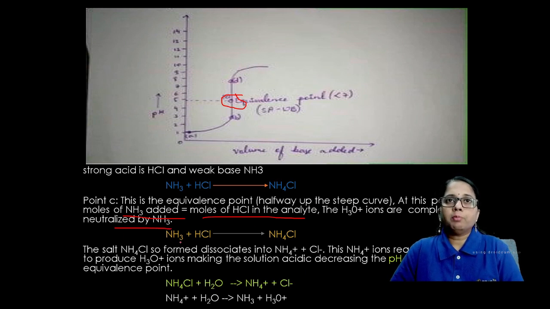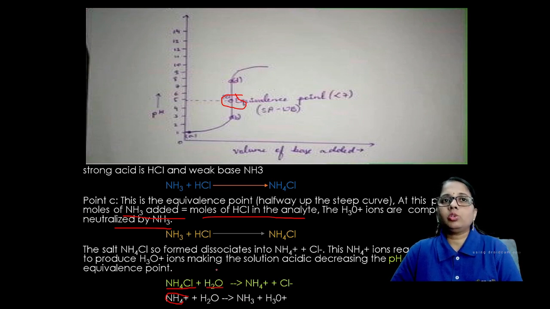So ammonia, if you are going to titrate with the hydrochloric acid, ammonium chloride is going to be formed. This ammonium chloride is going to react with the water and it produces NH4 plus ions and chloride ions, and these NH4 plus ions are going to react with the water to produce NH3 plus H3O plus ions.